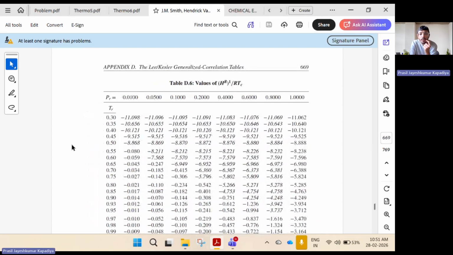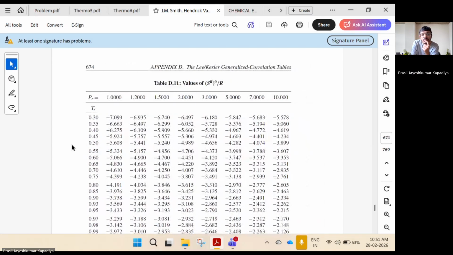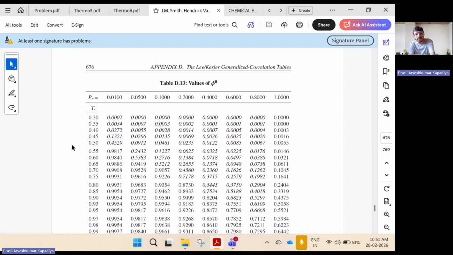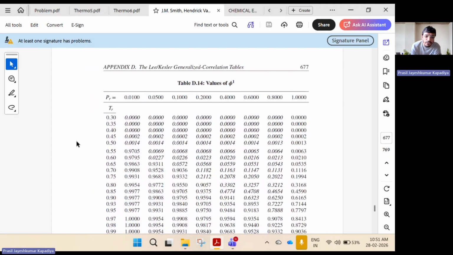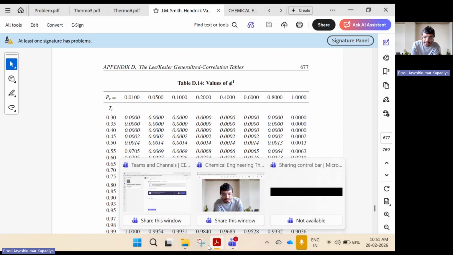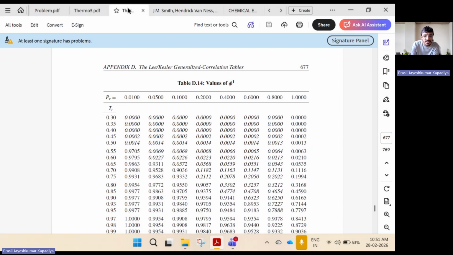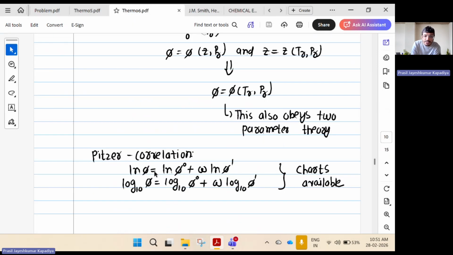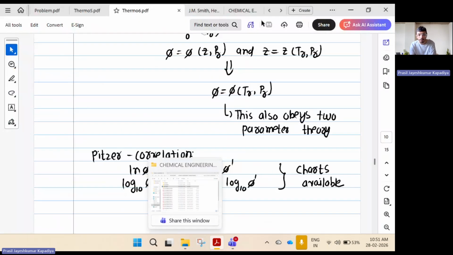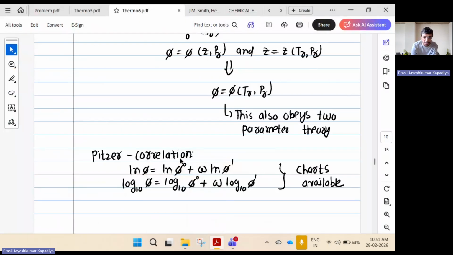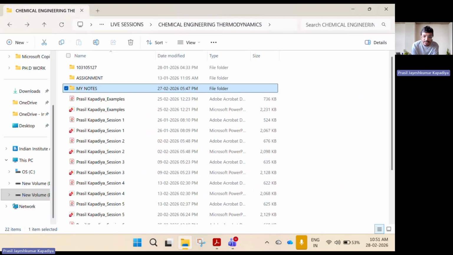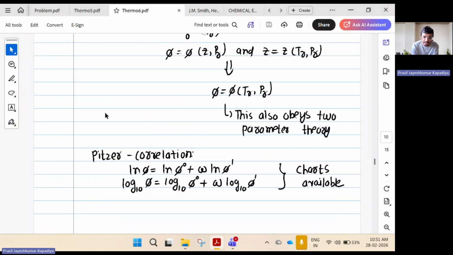These are for Z0. And see, this is phi 0 and phi 1. So if you know the value of PR and TR, you can estimate this directly. Phi is equal to phi 0 into phi 1 raised to omega. So you just need to know the component. Let's say I am dealing with methane. Methane will have a separate value of omega, and we need to know what temperature and pressure I am dealing with with respect to its critical temperature and pressure.